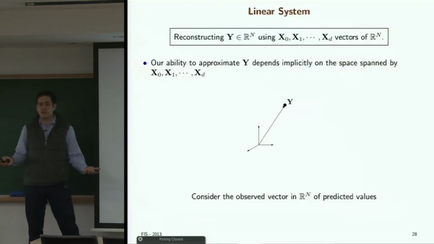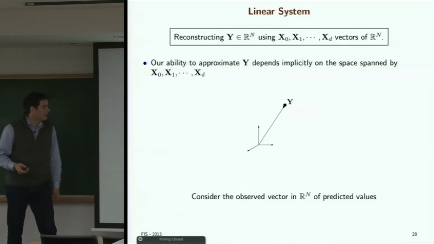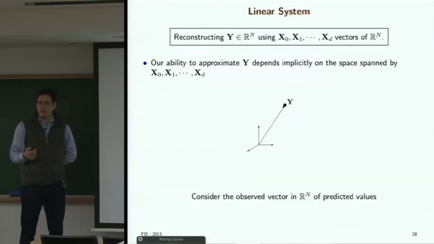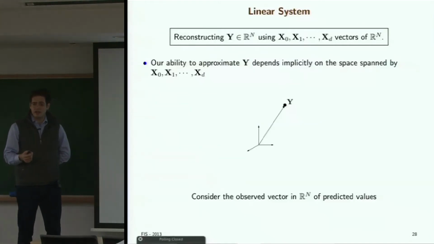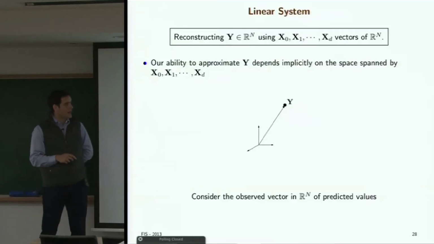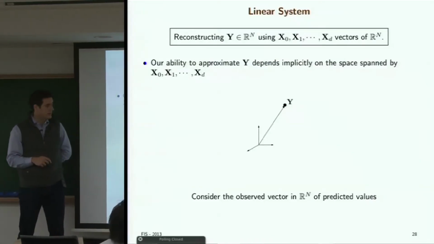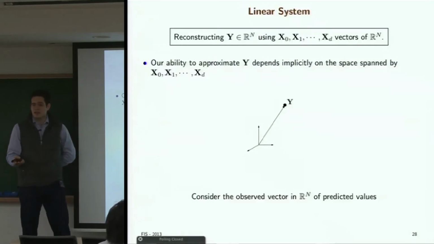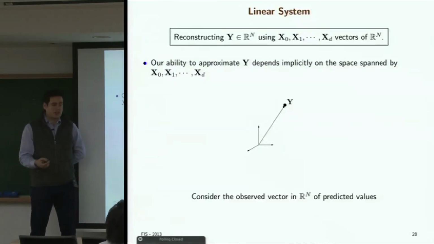This is just a very simple linear algebra statement. Can I find an exact relationship that will give me those alphas? Can I reconstruct exactly y using x0, x1, and xd? Basically, this question is very simple in algebra. It just depends on whether y belongs to the linear span of x0, x1, xd.